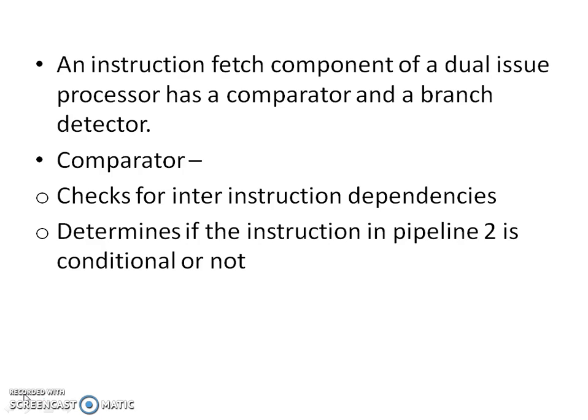In an instruction fetch component of a dual issue processor, a comparator and a branch detector are added. Determining if the instruction coming into pipeline 2 is a conditional instruction or not, and checking for inter-instruction dependencies, is done by the comparator.